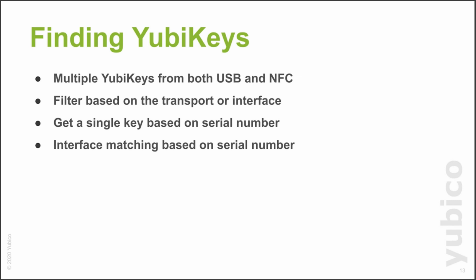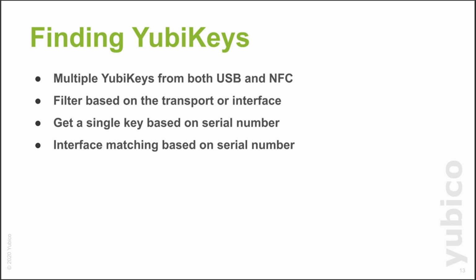Lastly, a YubiKey over USB is actually a composite device with three transports: a HID keyboard, a HID FIDO device, and a smart card reader with a smart card attached. When calling findAll, the SDK will do its best to match the three device transports together into a single logical YubiKey device object.